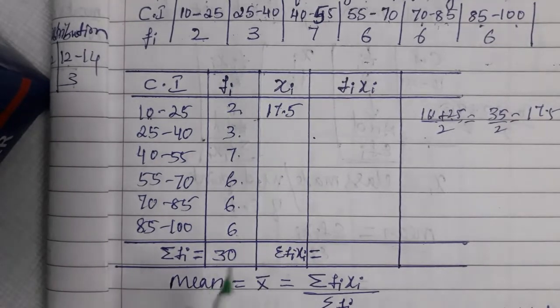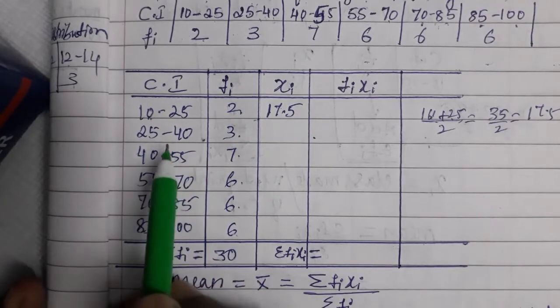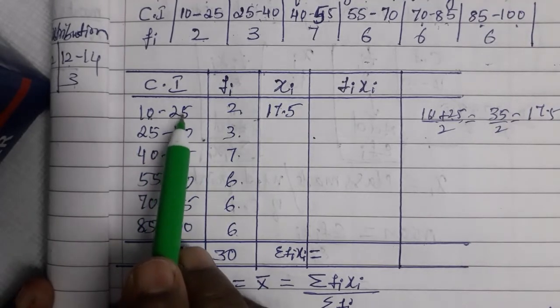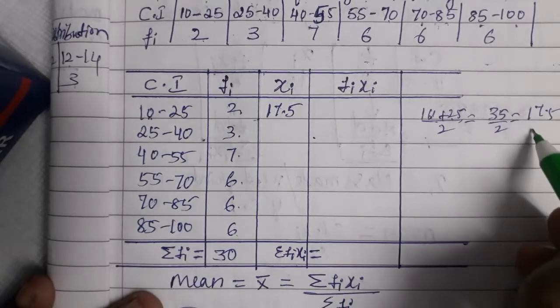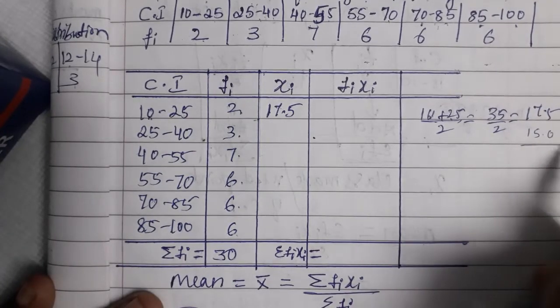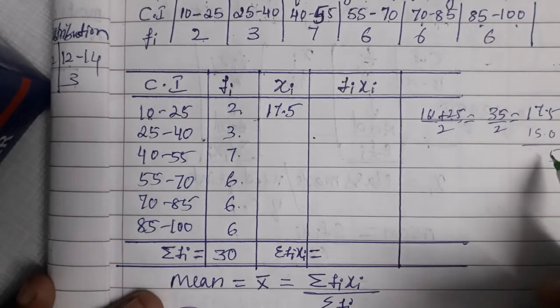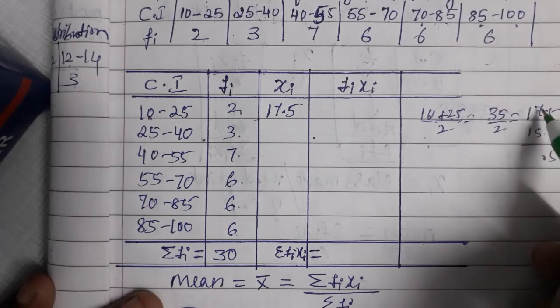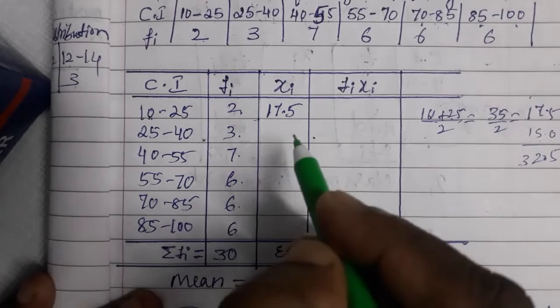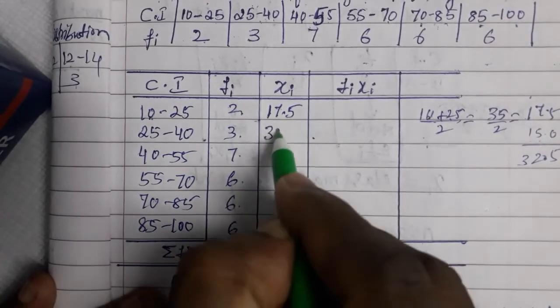Then you can definitely check this. The class interval size is 25 minus 10, which is 15. If you add 15 to this, you will get the next midpoint. So 7 plus 5, 12, 1 carry, 1, 2, 3. That is 32.5.